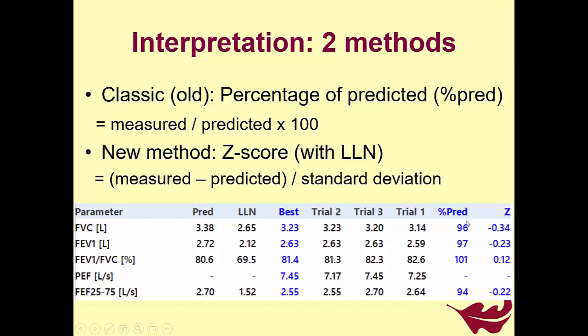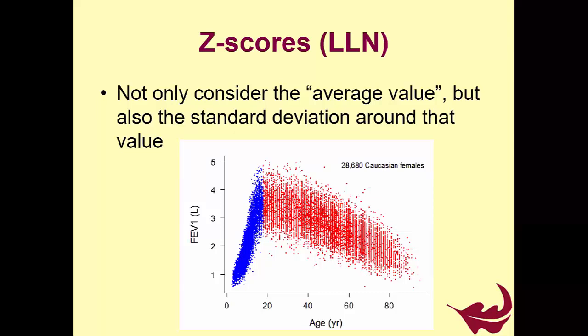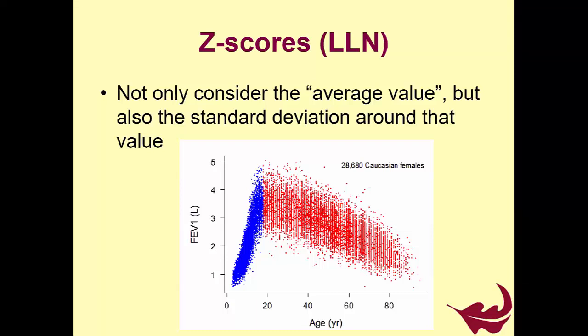Most of us, when we trained in diving medicine years ago, were trained with percentage of predicted values. But the Z-scores are the newer ones. A Z-score basically means that we don't just look at the average of the population, but also at what the variance around that average is. So the variation around that average.